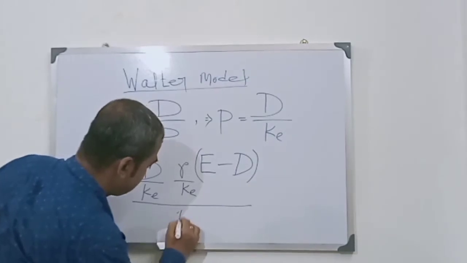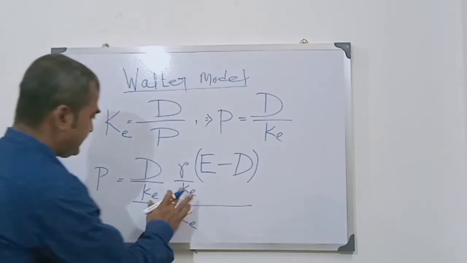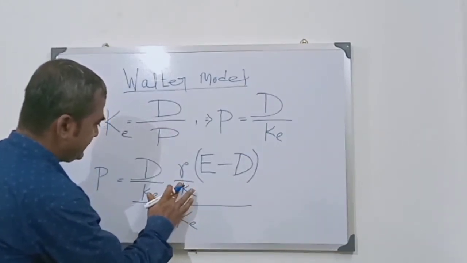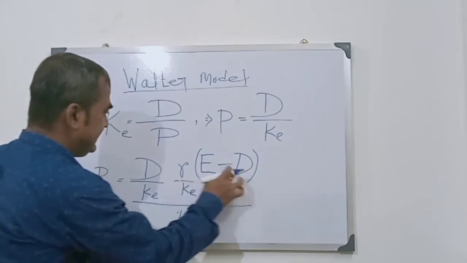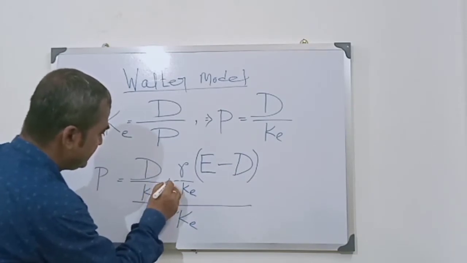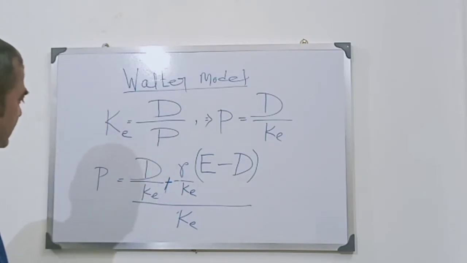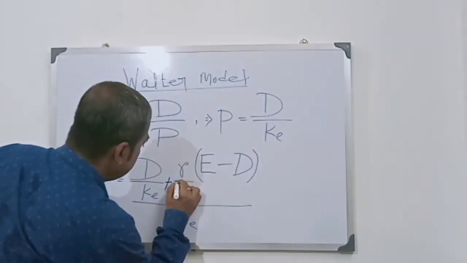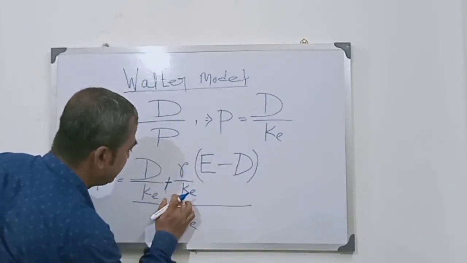So the total price becomes this. This is the growth rate, this is E, this is D, this is D by KE, and this is retained. Here, this is E minus D, that is the retained one, where growth rate is R and cost becomes this.